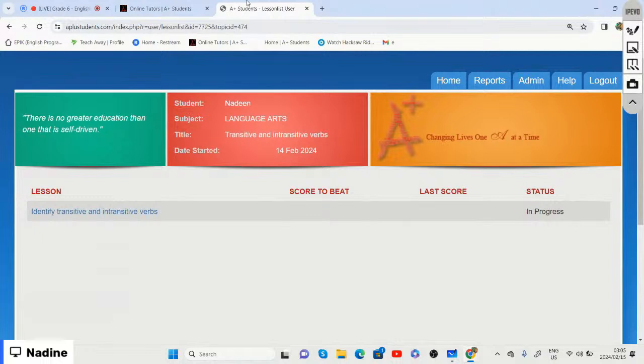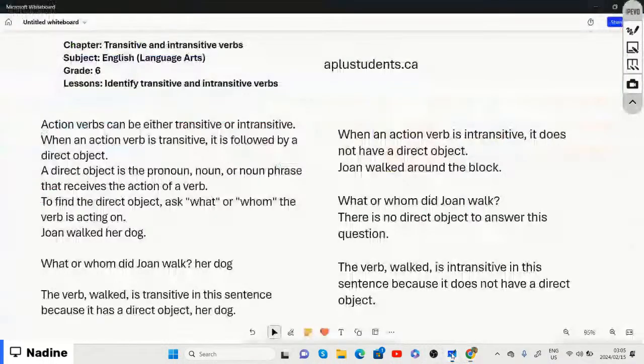All right. So our chapter is transitive and intransitive verbs. Our subject is English language arts, grade 6.